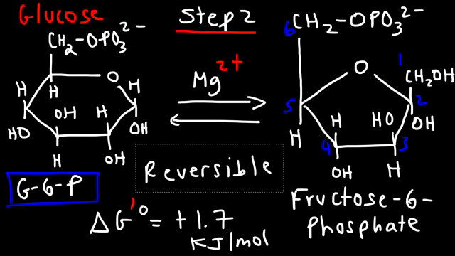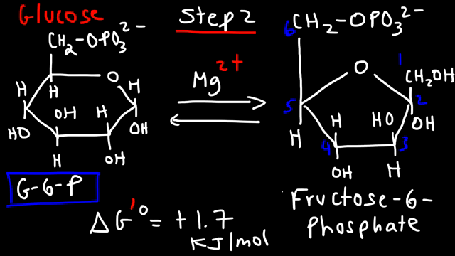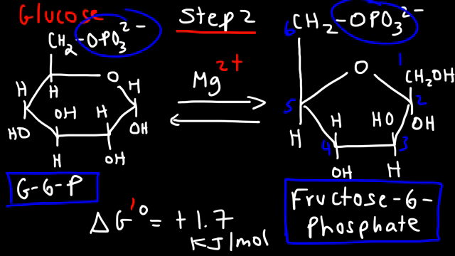Now looking at the reactant and the product for this step, what is the relationship between the two? What is the relationship between glucose 6-phosphate and fructose 6-phosphate? Well, the phosphate groups haven't changed, so they're still the same. The only difference is going from glucose to fructose. And glucose and fructose are basically isomers of each other.